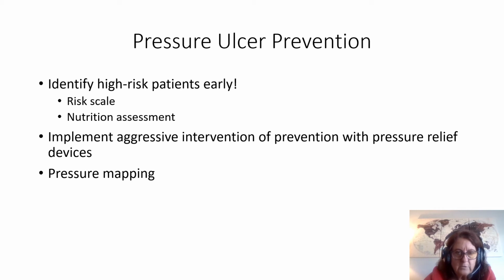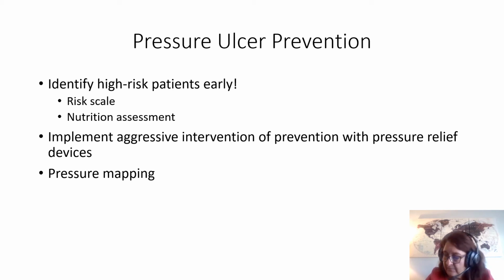So we want to look at their risk scale. The risk scale, there's like a Braden scale. With the Braden scale, you go through a series of questions and it gives a numerical value to determine the risk. So it's different things like, are they mobile? Are they able to turn themselves? What's their nutrition level?